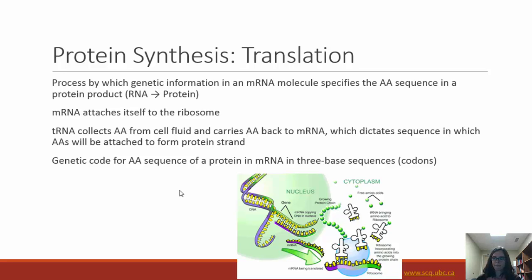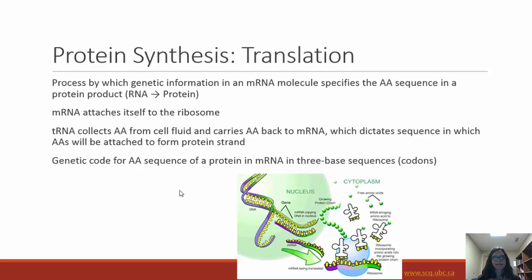How this occurs is that the mRNA, once it leaves the nucleus, attaches itself to a ribosome, which is considered the protein-making machinery. Then the tRNA is going to collect amino acids from the cell fluid and carry them back to the mRNA ribosome complex.